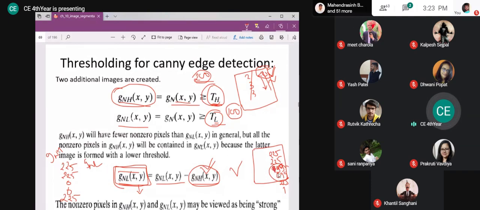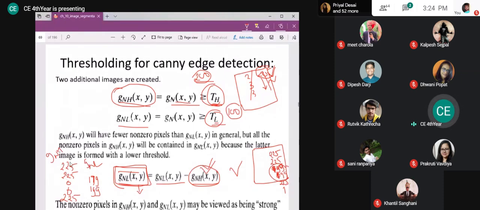It should pass the lower threshold at least, right? So it takes all the values which pass the lower threshold. Then that will be 119 and 199 and 199, right? So these two values are from GNL. Why? Because they are in the intermediate range of 100 to 200. In case it is 99, again it will be 0, because it will not pass even the lower threshold. Okay, so this is my GNH and GNL.